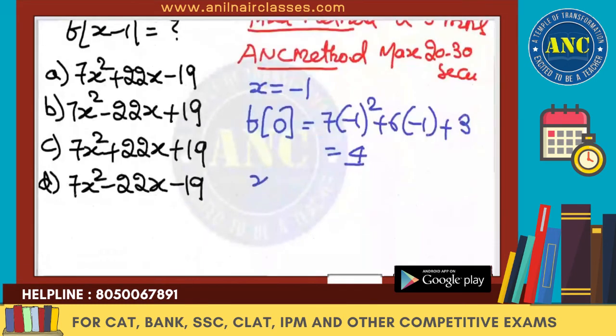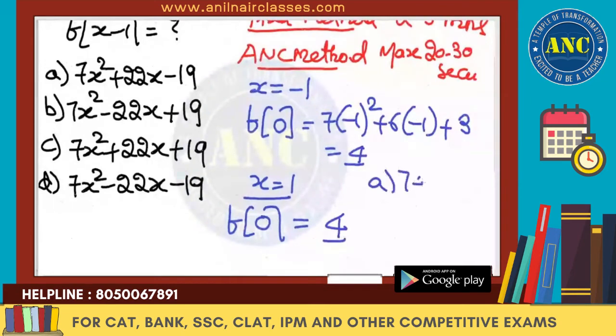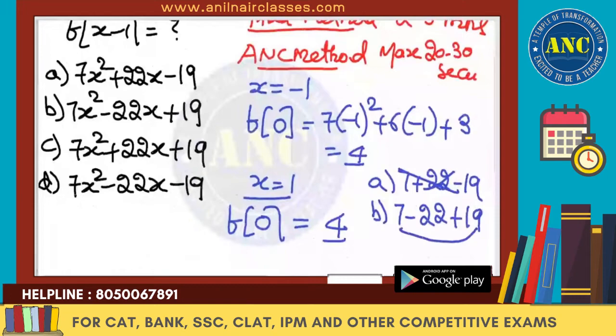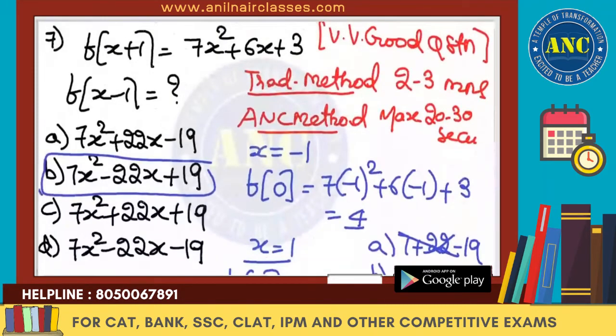Similarly, put x equivalent to 1 in the question. F of 1 minus 1 is f of 0, which should be 4. So first option, 7 plus 22 minus 19 is 10. Second option, 7 minus 22 plus 19, 26 minus 22, 4. Very, very easy question if you know the approach.